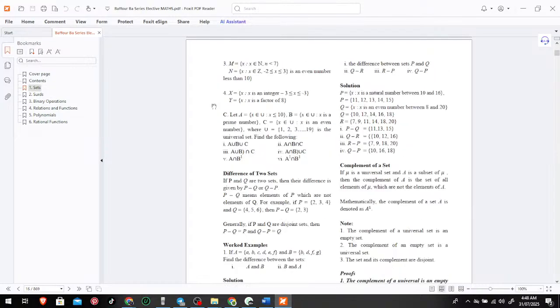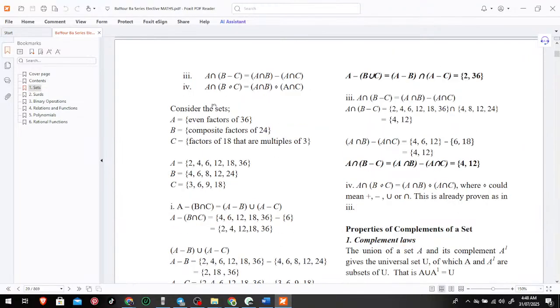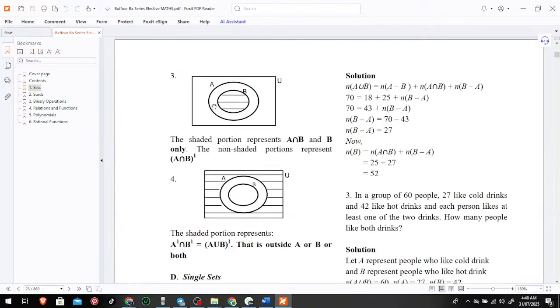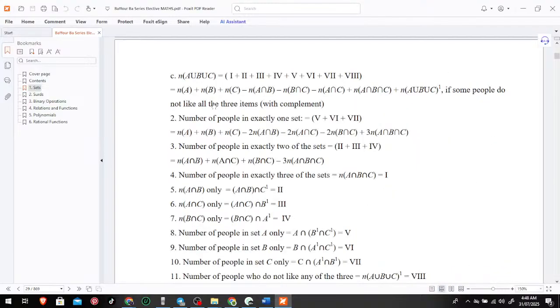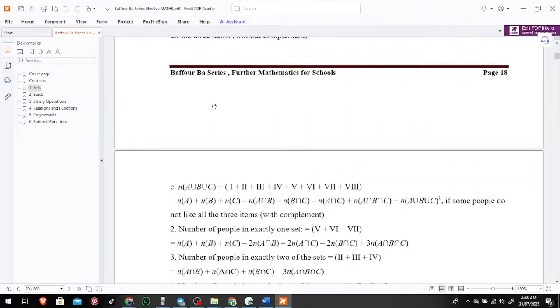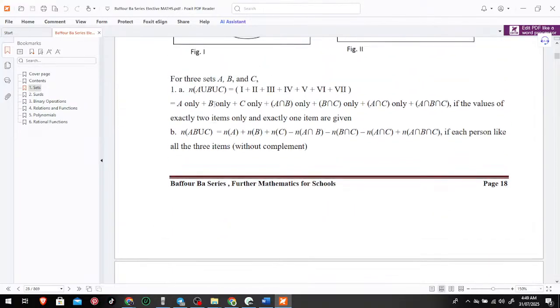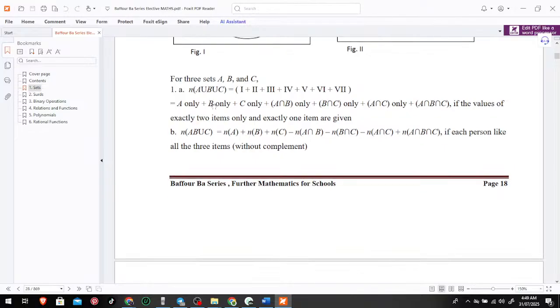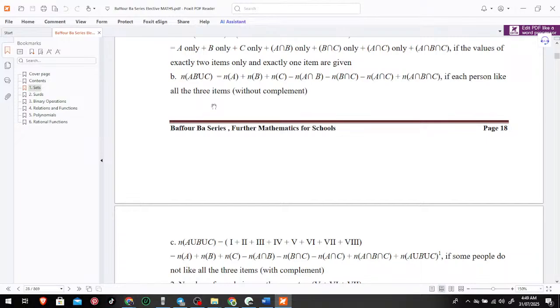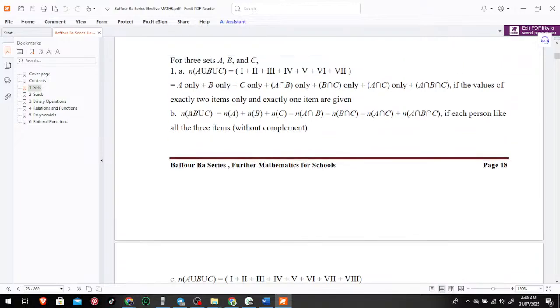Are you familiar with the formula? Here's the formula.